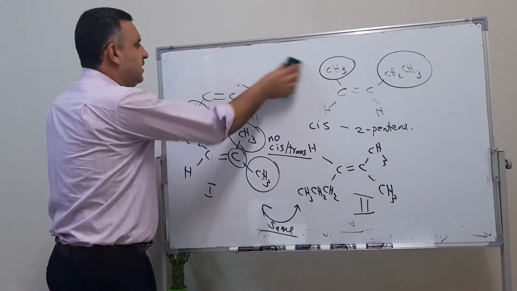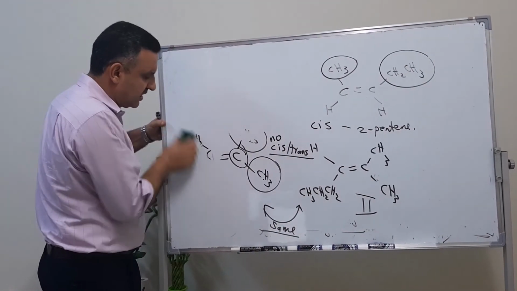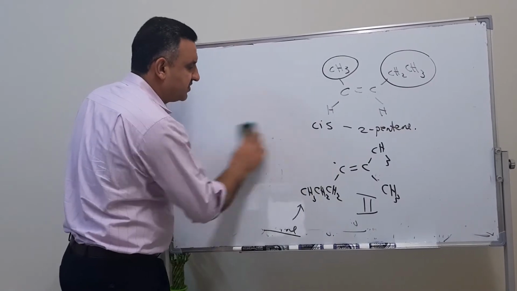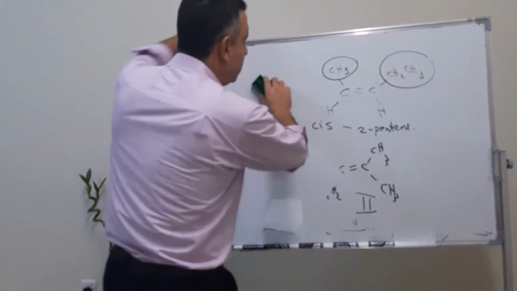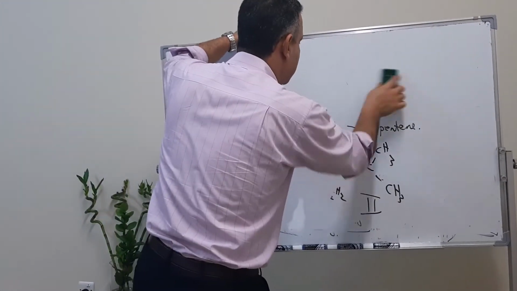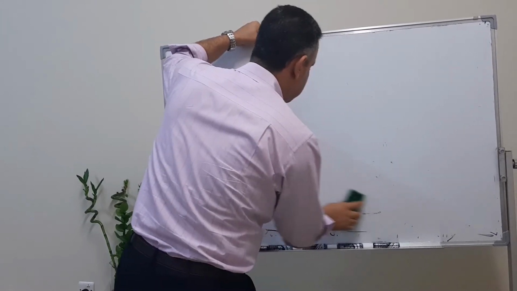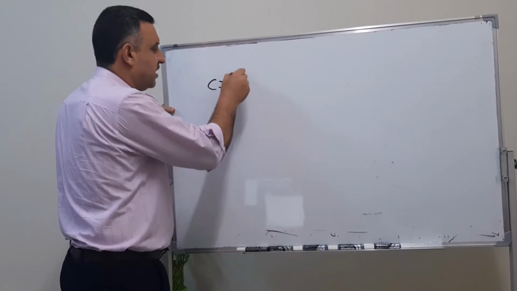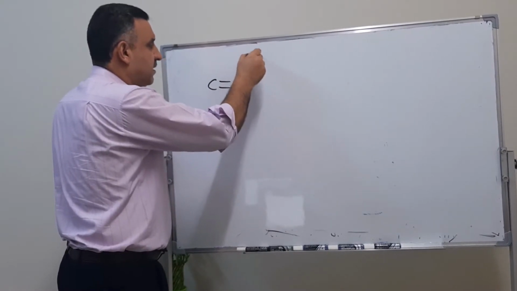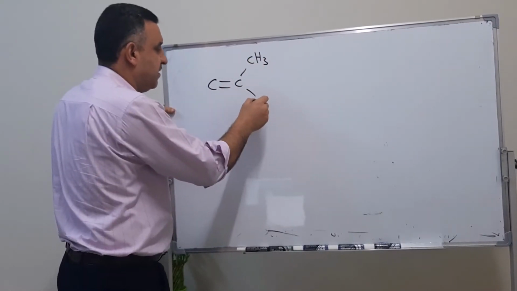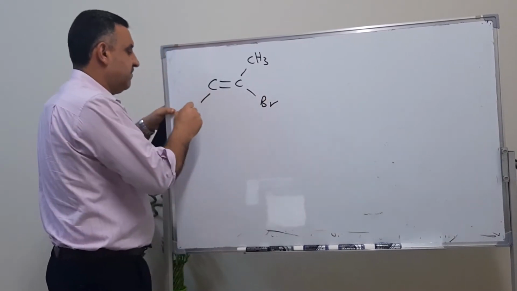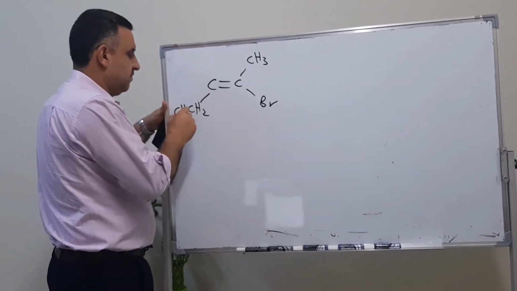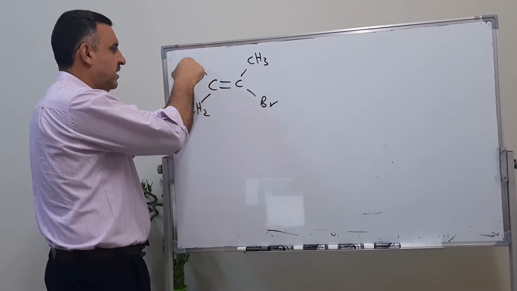Now let us see a situation that is a little bit more sophisticated, where we have more groups attached to the double bond carbon system. For example, if we have carbon double bond carbon, here we have methyl, here we have bromine, here we have ethyl, and here we have chlorine.